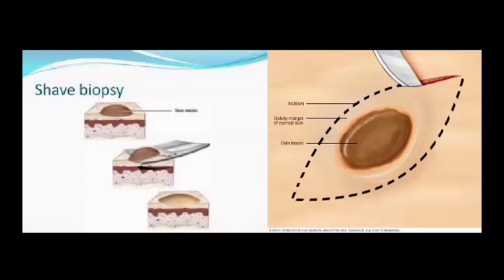Usually incisional and excisional can be done together, otherwise they can be done separately, but excisional biopsy we can't do without incision. In the incisional biopsy we can take a small part of the lesion, or the lesion can be removed, and the excisional biopsy will help you get a good cosmetic result compared to the incisional biopsy.